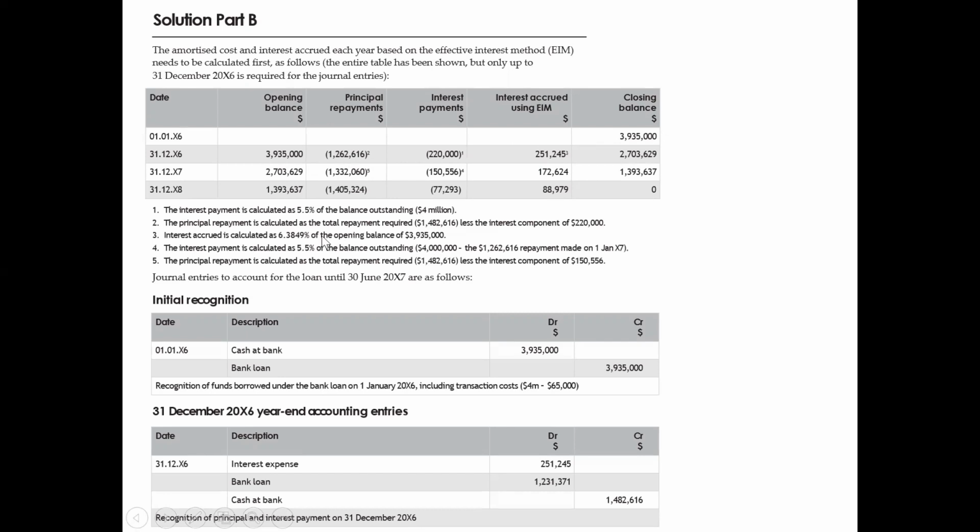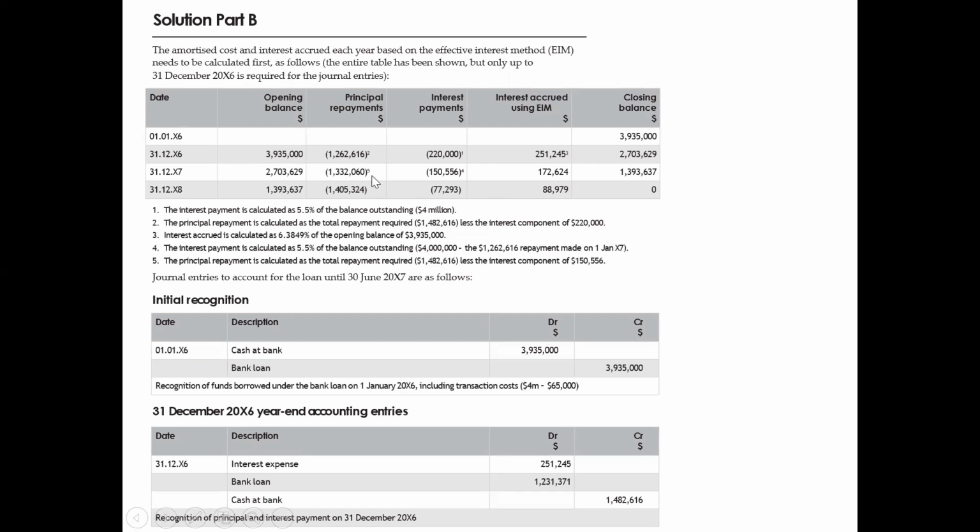And we then calculate the interest rate on the remaining amount that is left on the loan. And then this interest accrued using the effective interest rate method, again, uses the opening balance multiplied by the effective interest rate, okay, which is again the 6.3849%.